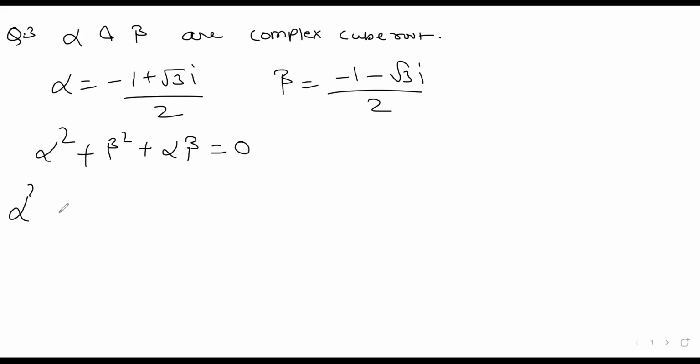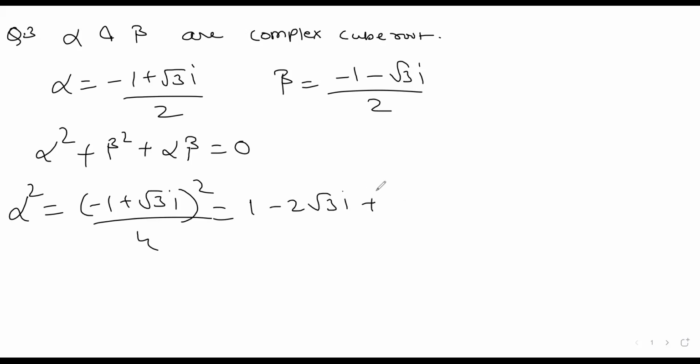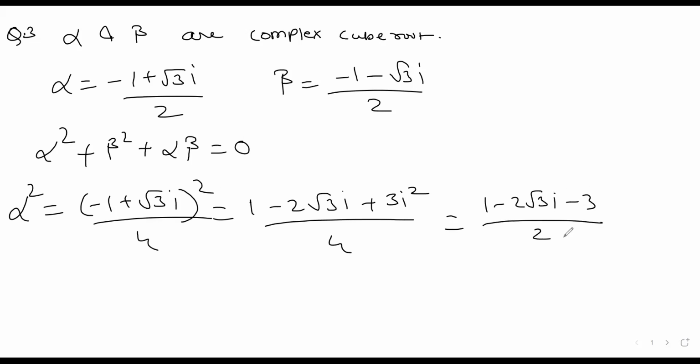So I will find out alpha square. Alpha square is (minus 1 plus root 3i) whole square upon 4. That is 1 minus 2 root 3i plus 3i square upon 4, which is 1 minus 2 root 3i minus 3 upon 4.